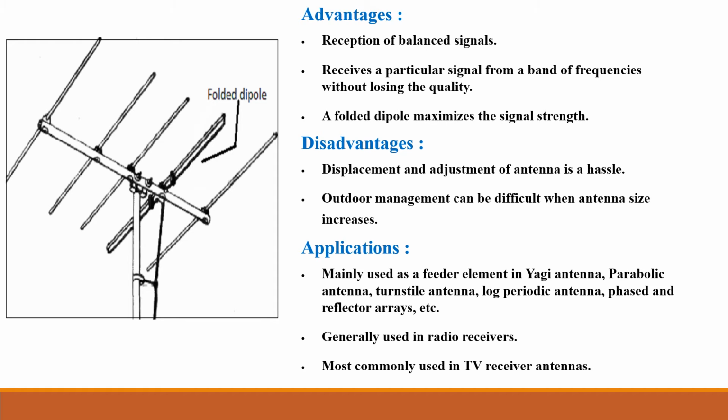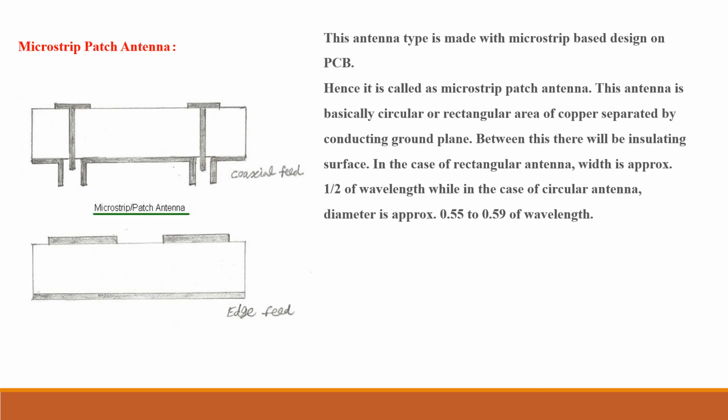Applications: it is mainly used as the feeder element in Yagi-Uda antenna, parabolic antenna, turnstile antenna, log periodic antenna, and phased reflector arrays. Generally it is used in radio receivers and mostly also in TV receiver antennas.